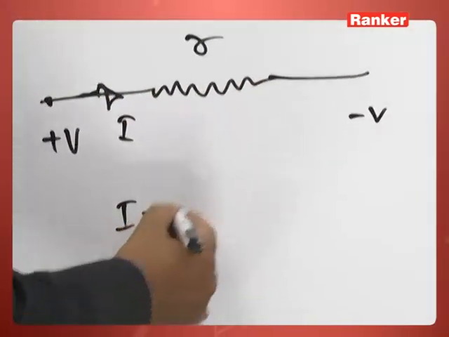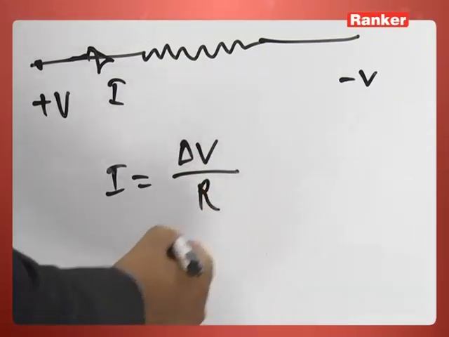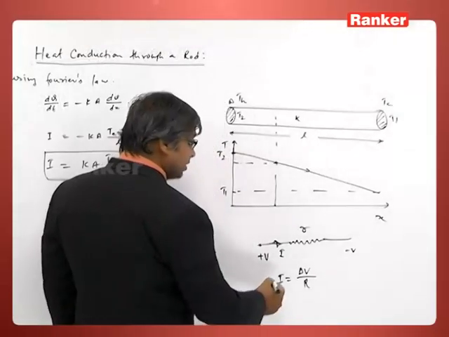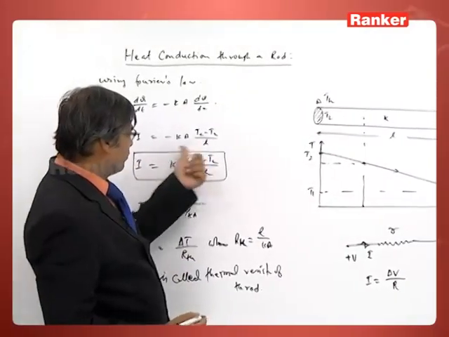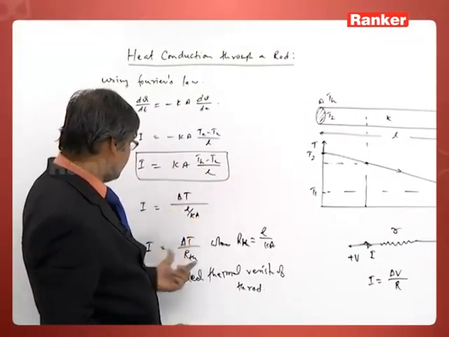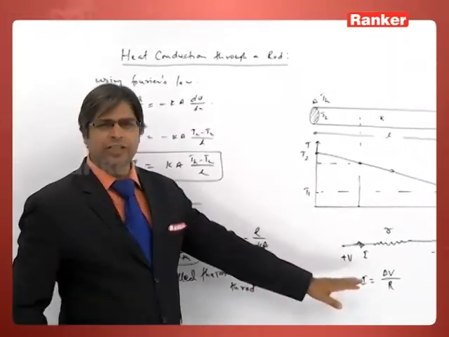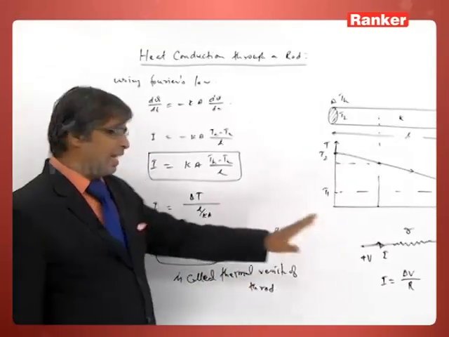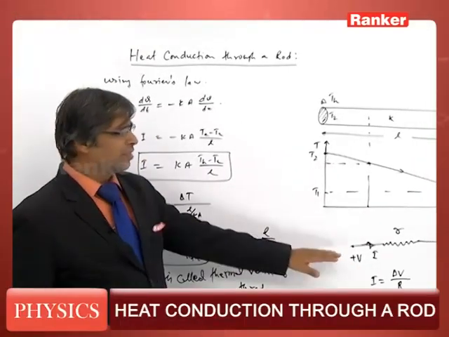So, I used to write I is equal to delta V by R. This is the electric current, and you can see the analogy between the electric current and the heat flow: both equations are similar.